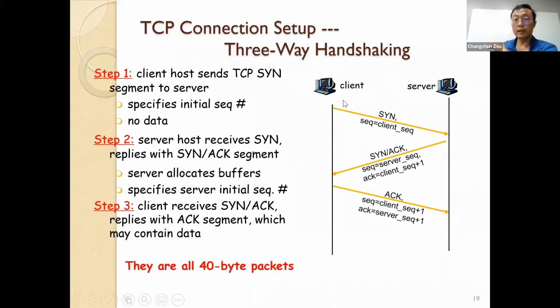So for the TCP connection request, the client will choose an initial sequence number, and all the data will count from that sequence number. Of course, when the TCP sequence number reaches the upper bound, 2 to the 32, that's 4 billion something, it will go back to 0 and reuse the sequence number. So even if the sequence number is big, that's still fine, because when you reach the upper limit, it will go back to 0 and restart.